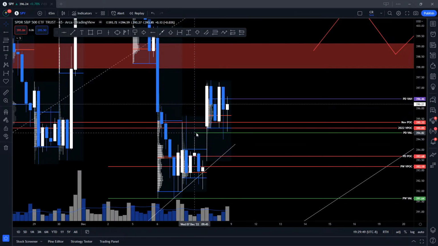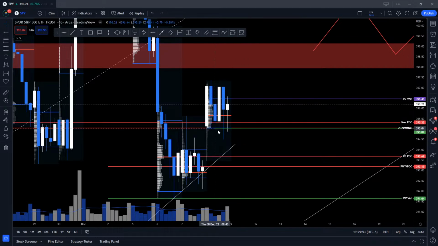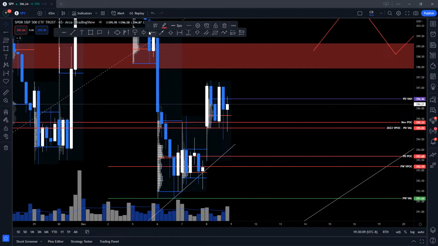I just need to move them to the current spot. You can see here my 2022 virgin POC and my previous day value area low line up with each other, so I just put a little dash and I'll put previous day value area low. And then my previous day POC.